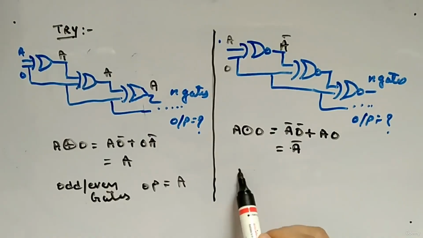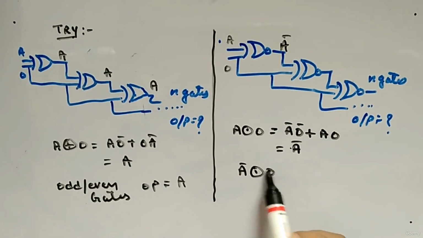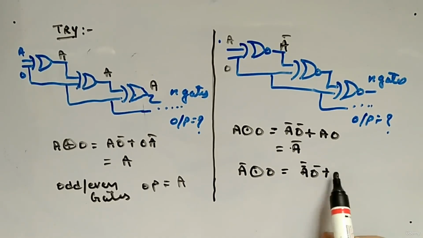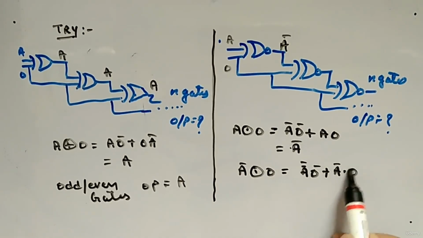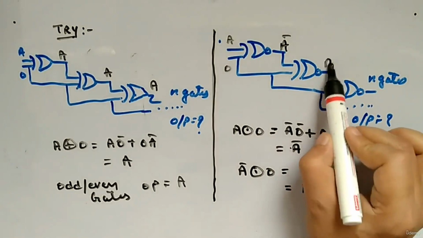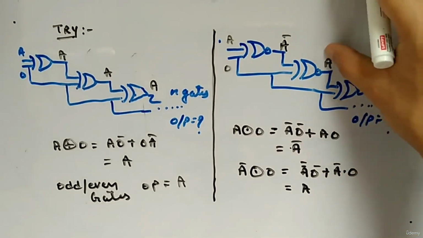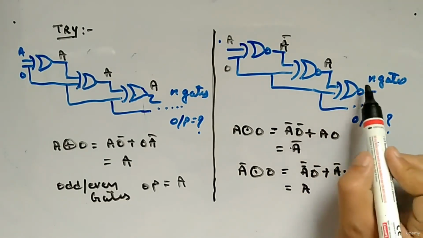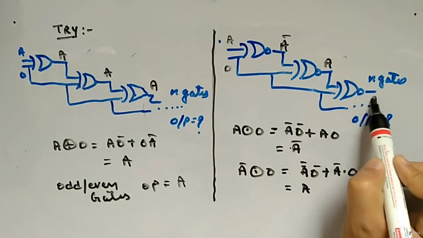Now you are XNORing A bar and 0, then this will be A double bar 0 bar plus A bar 0, that will give you A. Okay, so the output will be A. Then again you are XNORing A and 0, so the output here will be A bar.